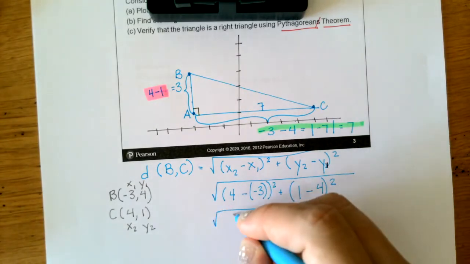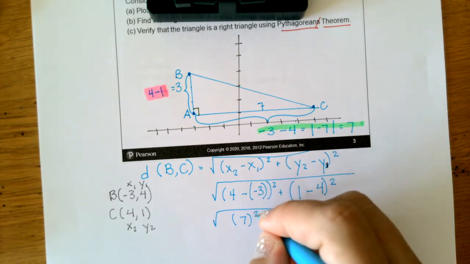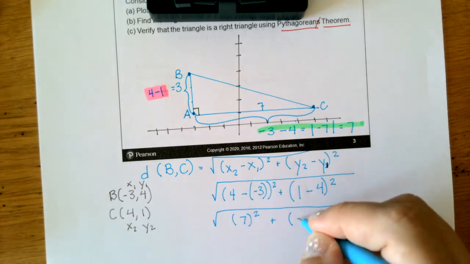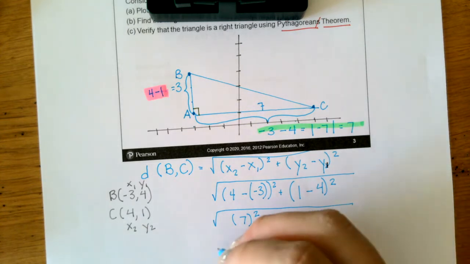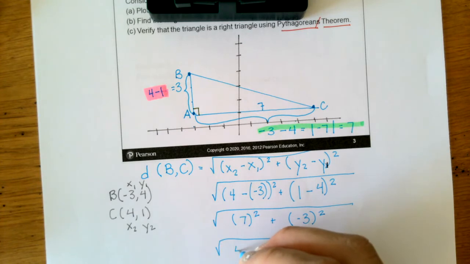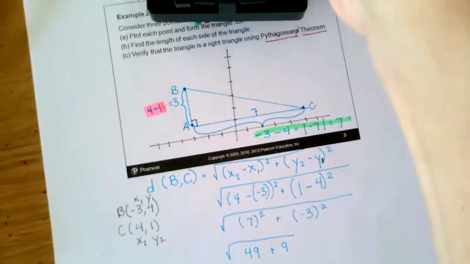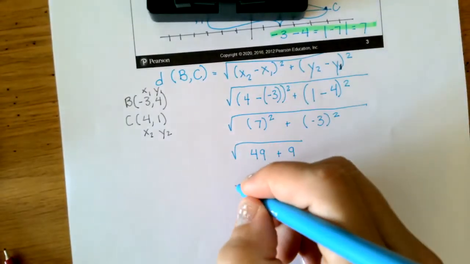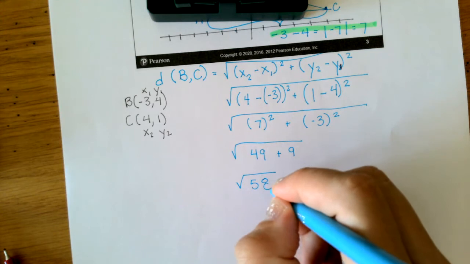Four minus a -3 becomes a 7, right? Because it's 4 plus 3. So we have 7 squared plus -3 squared. So that becomes 49 plus 9, which is 58.